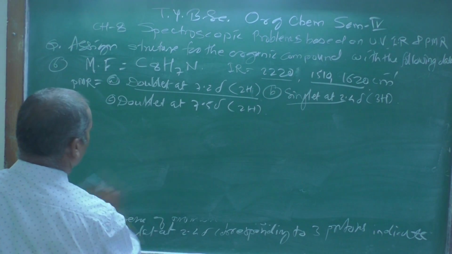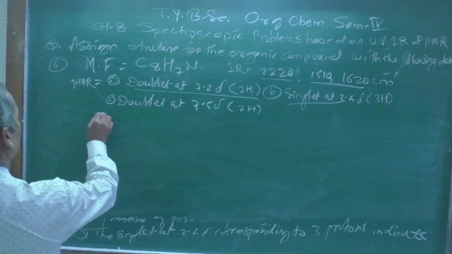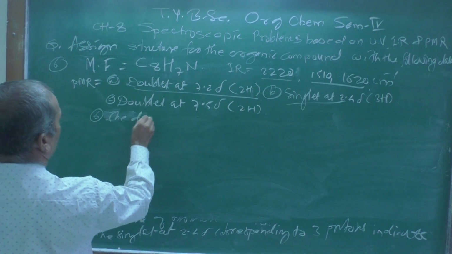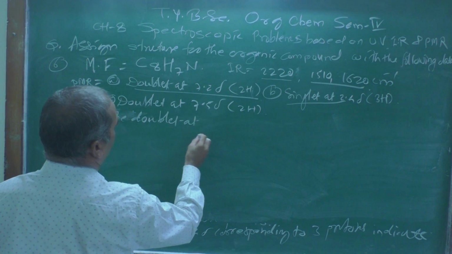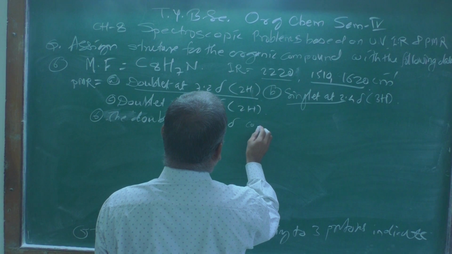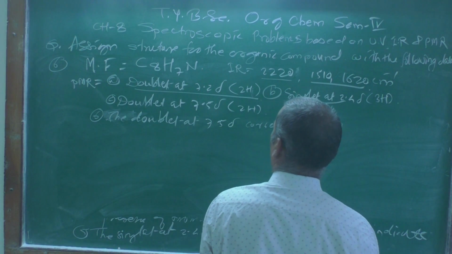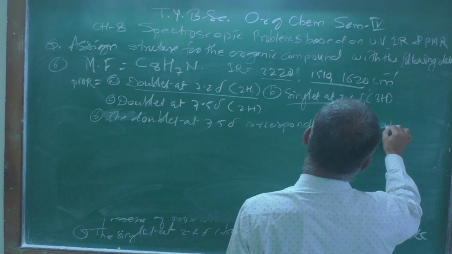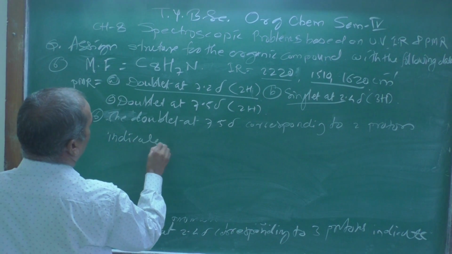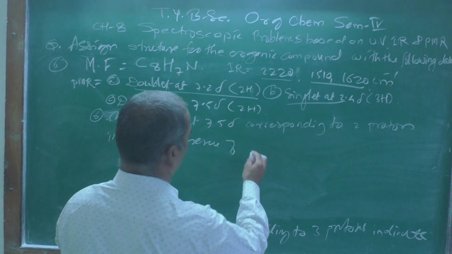Point number 6: the doublet at 7.5 delta corresponding to 2 protons indicates the presence of aromatic protons.